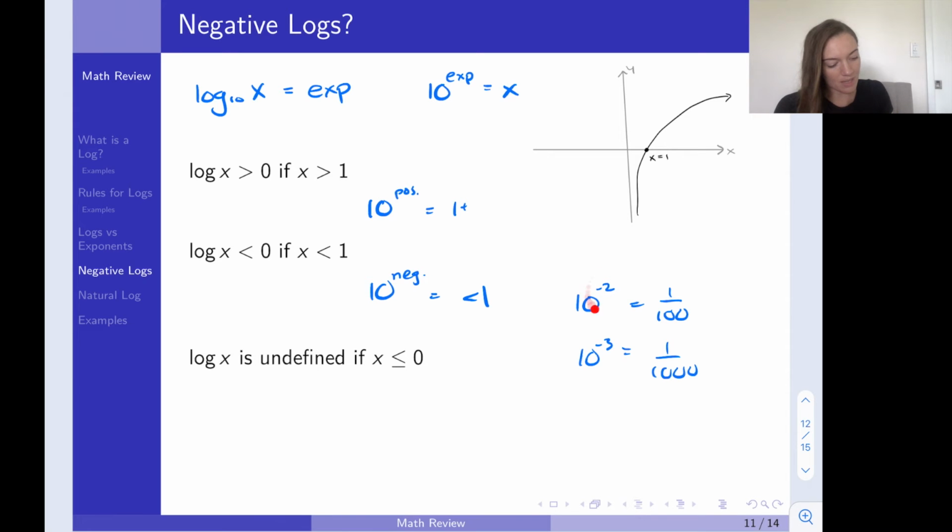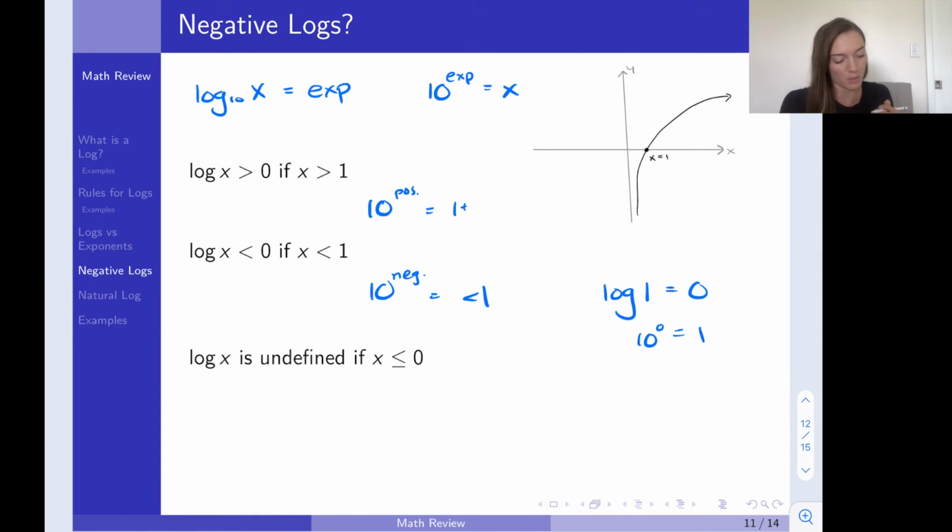Anytime you have a negative exponent, you get a number less than 1. And as we saw before, if x is equal to 1, log of 1 is equal to 0, because 10 raised to the 0 power is 1, or any number raised to the 0 power is 1. That's where it crosses the x-axis.